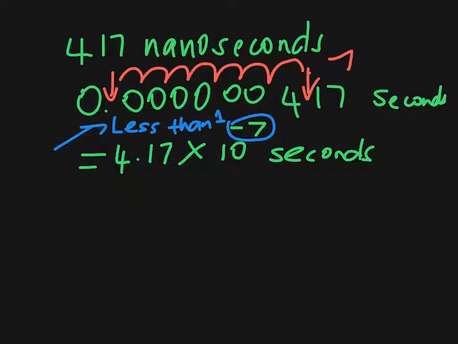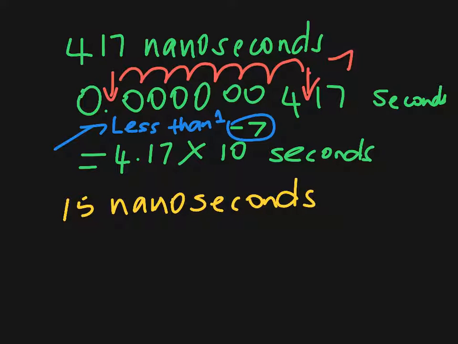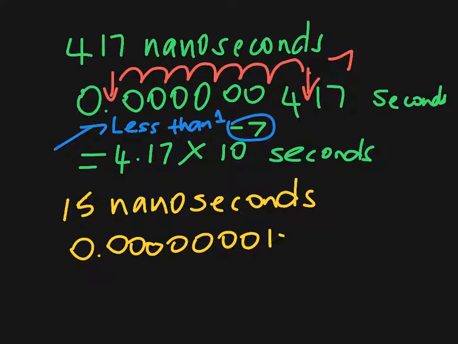All right, let's have another practice. So let's say we did 15 nanoseconds. So in seconds and in expanded form, it would look like this. 1, 2, 3, 4, 5, 6, 7.